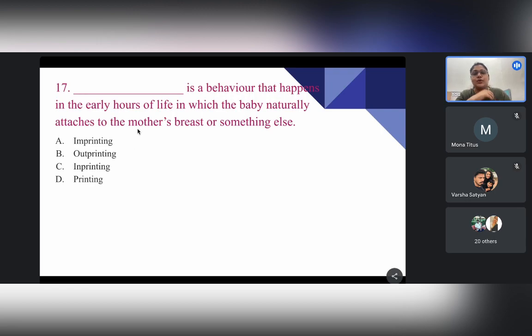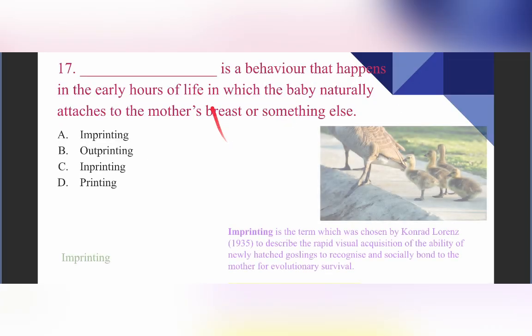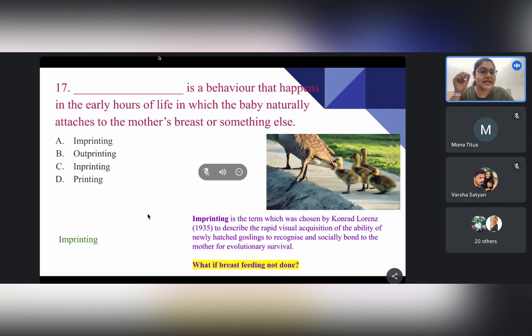Okay, so we'll move on with the answer. So imprinting is basically a behavioral evolutionary term which was coined by Konrad Lorenz. He had done these experiments with goslings.